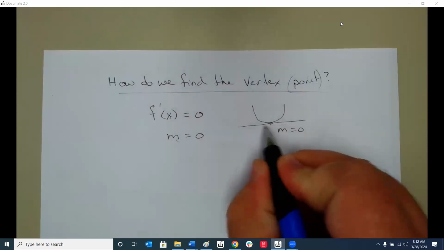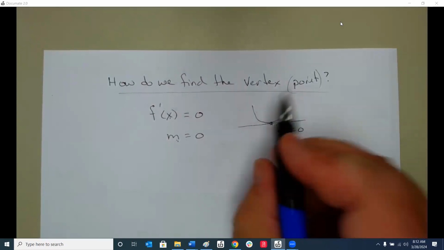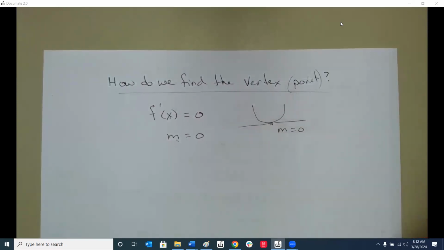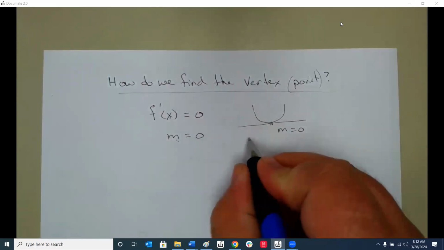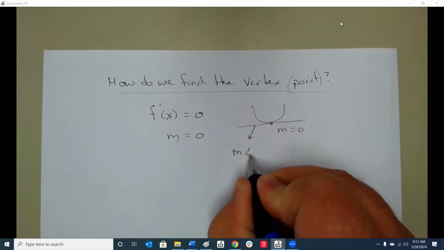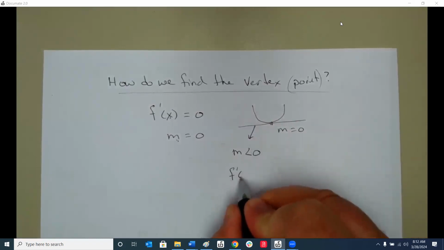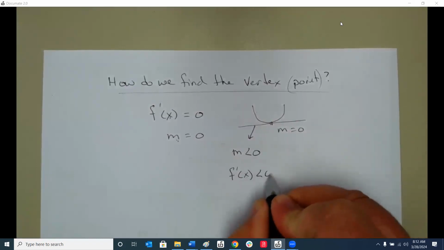So if we have a minimum, what's happening to the left? What's the slope to the left? Yeah, on the left, the slope is less than 0, or the first derivative is less than 0.